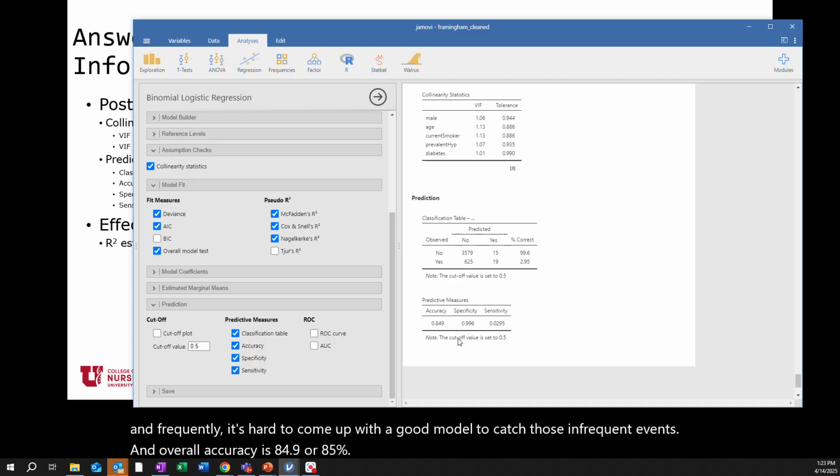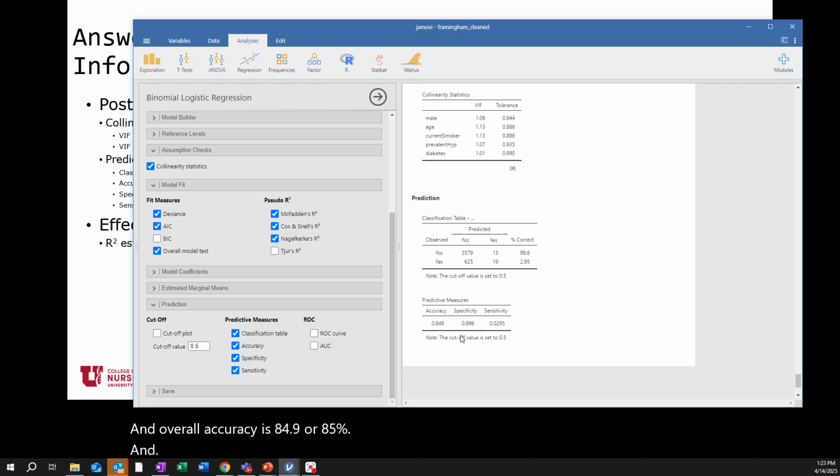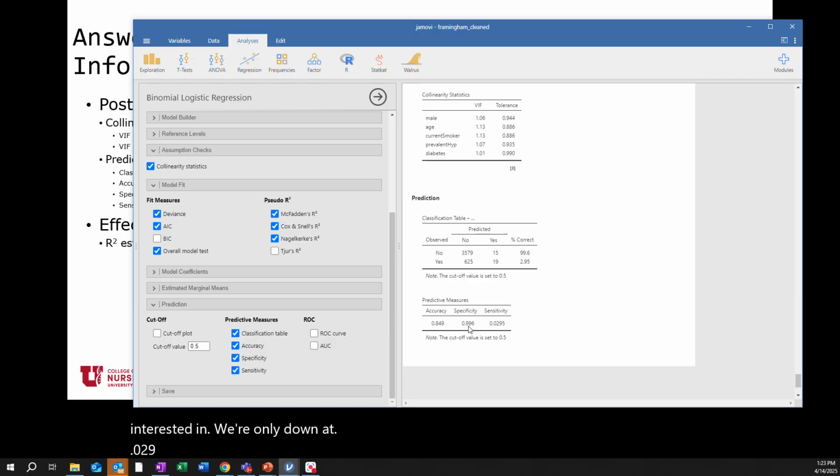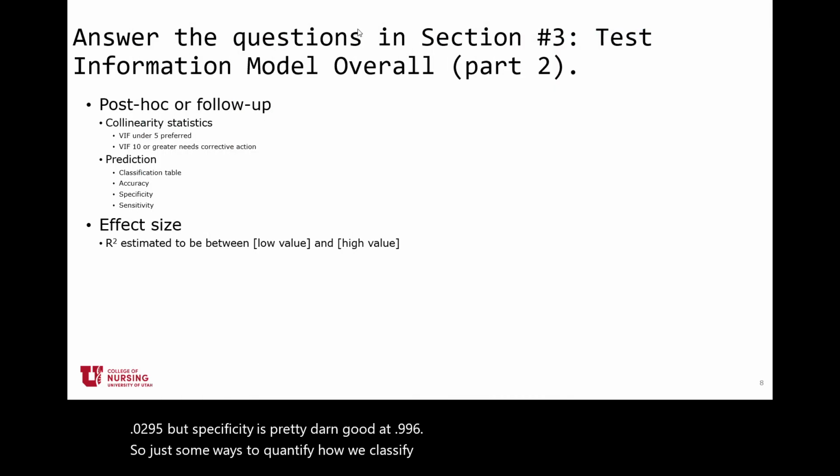When we looked at sensitivity and specificity, sensitivity is detecting the thing that we're interested in. We're only down at 0.0295, but specificity is pretty darn good, up at 0.996. So just some ways to quantify how well we classify something.